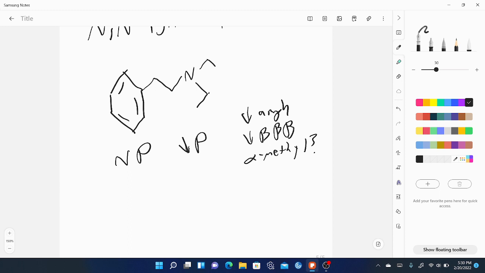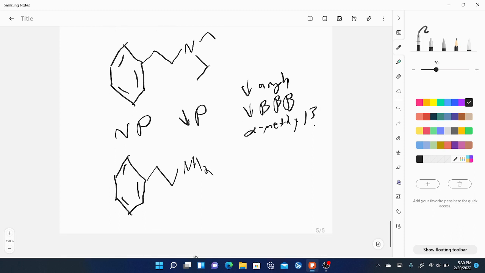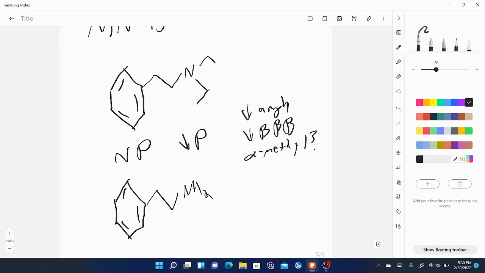So I think ultimately, in comparison to PEA, phenylethylamine, that really doesn't have any properties that would suggest a greater stimulatory effect.